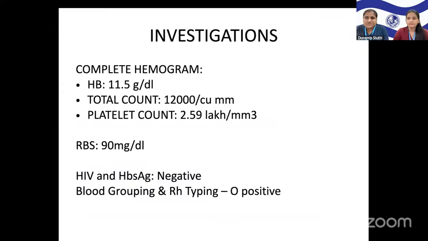Total WBC count in the first trimester, 6,000 to 12,000 is considered normal. In the second trimester, 6,000 to 13,000, and in the third trimester, 6,000 to 15,000 is considered normal. It is an indicator of underlying infection.